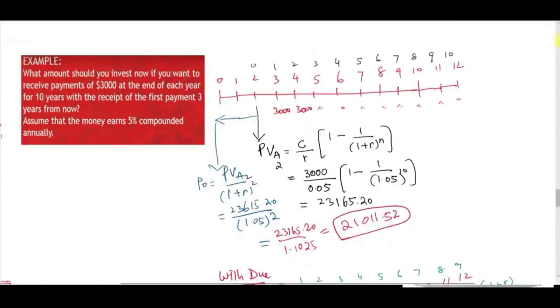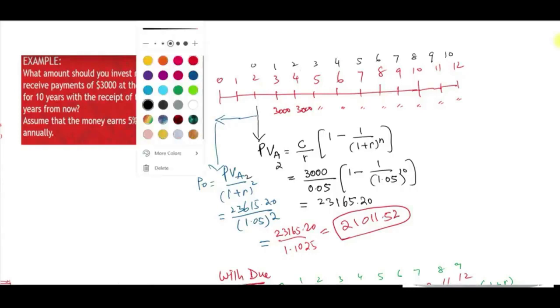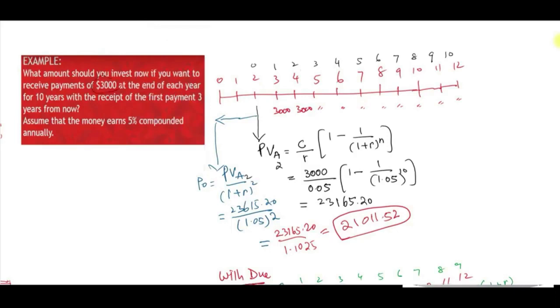For instance, see this question: what amount should you invest now if you want to receive payments of 3000 at the end of each year, an annuity for 10 years, with the receipt of the first payment 3 years from now? 3 years from now, 0, 1, 2 and 3. So the first payment is happening at year 3. How many periods? For 10 years.